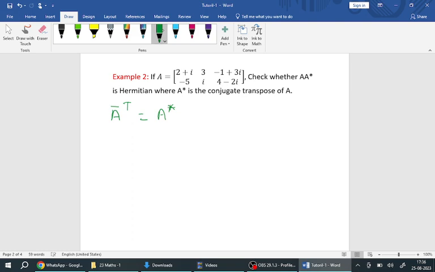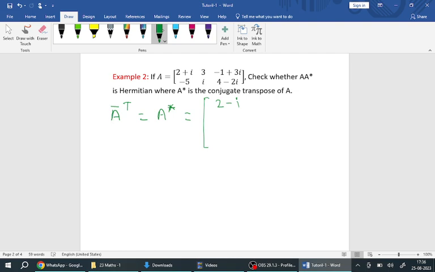Okay, so this is given. What is A star in this case? A bar transpose. And we have to write the conjugate as well as the transpose. You will observe the matrix A is of order 2 by 3. Now it will become 3 by 2. So the first row becomes the first column with a conjugate again. That is 2 minus i, the conjugate of A11.